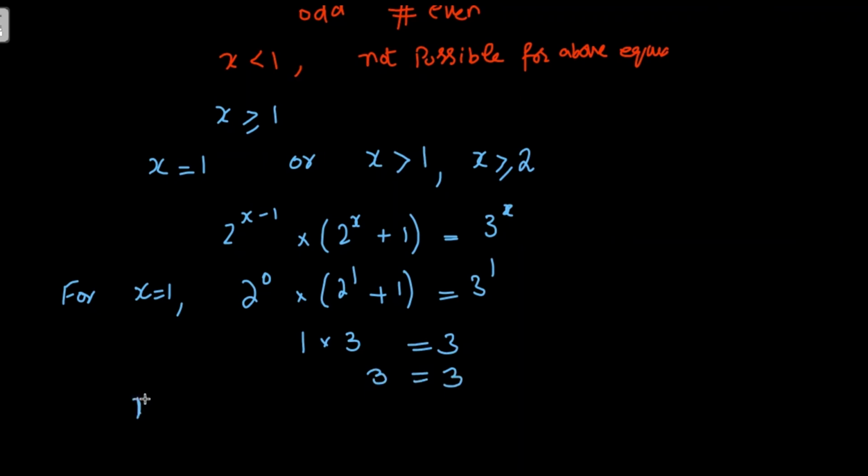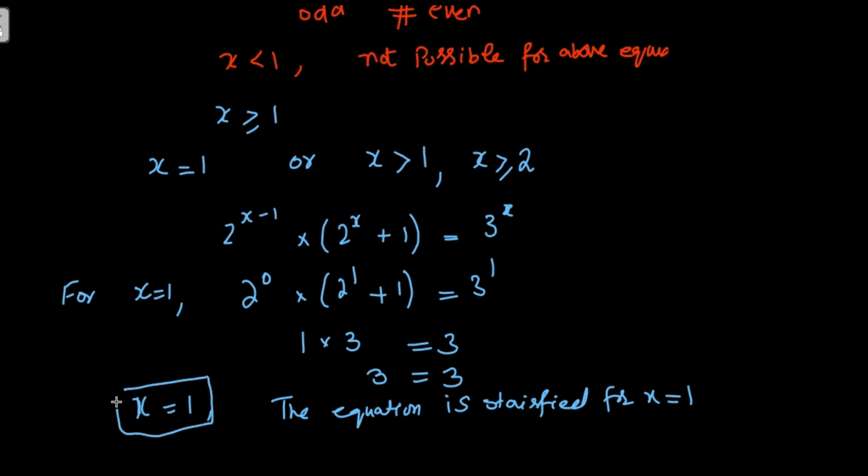Therefore, x equal to 1 is taken as a solution for this equation. The equation is satisfied for x equal to 1. Therefore, this is a solution of this equation.